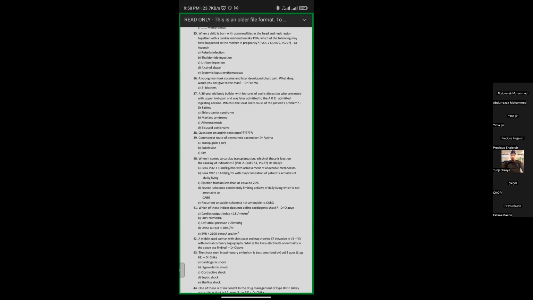So other causes of aortic dissection, in fact, the etiology can be grouped into congenital causes and acquired conditions.